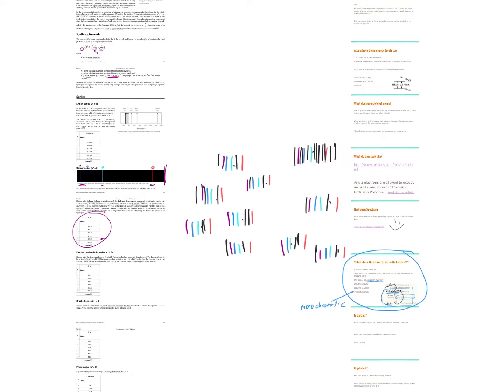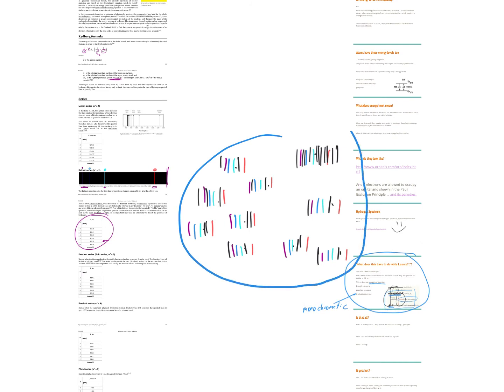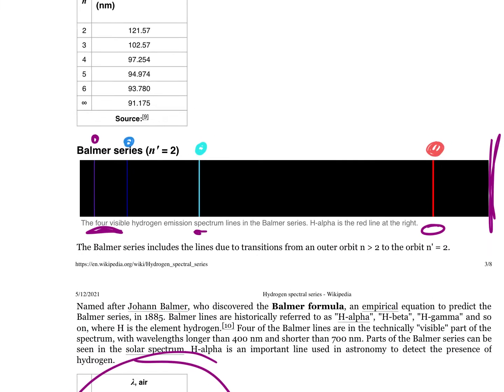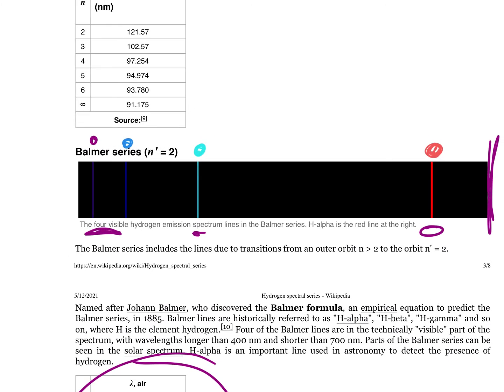Here we've got polychromatic sources. More specifically, it's a discrete polychromatic source. By discrete, that means there's space where you're not getting light between the different colors.